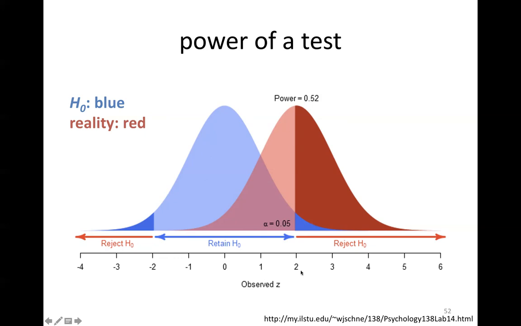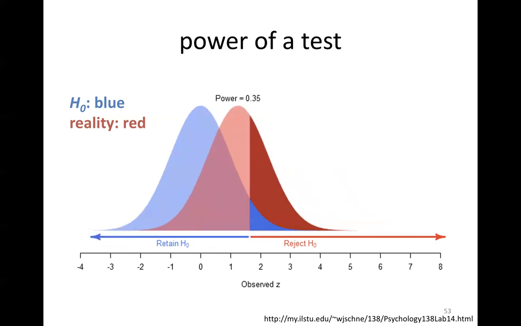Sorry, if the null hypothesis has mean 0, reality has a mean of 1. The null hypothesis is wrong, but we might still frequently fail to reject the null hypothesis, as in this case.